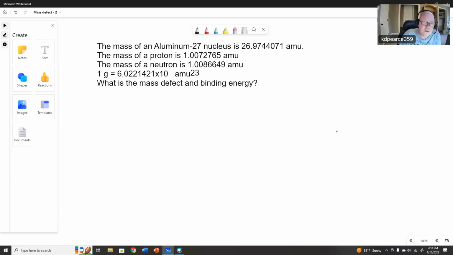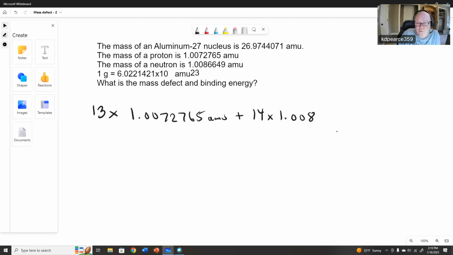So the first thing we have to do is add up the protons and the neutrons. We have 13 protons, and we're told that it's 1.00726765 AMUs each. And we're going to add in the neutrons. Well, 13 from 27 gives me 14 neutrons, at 1.008664 9 AMUs each.